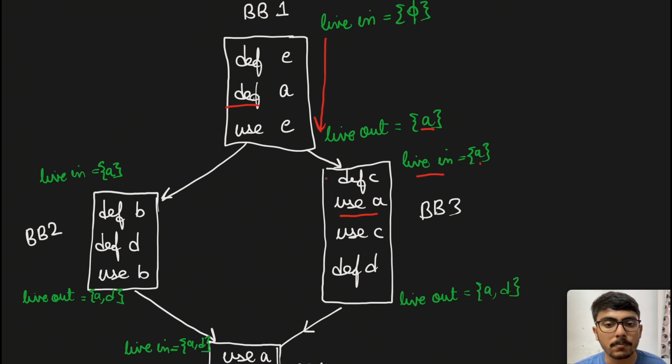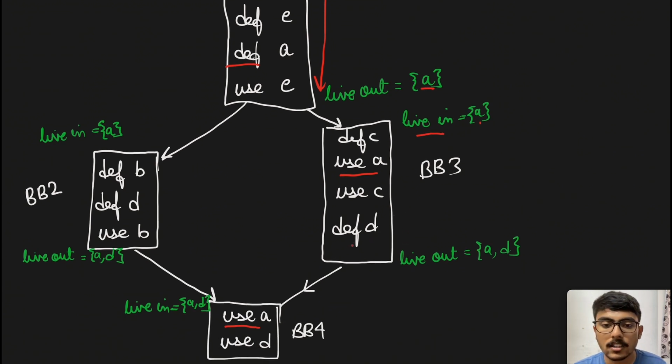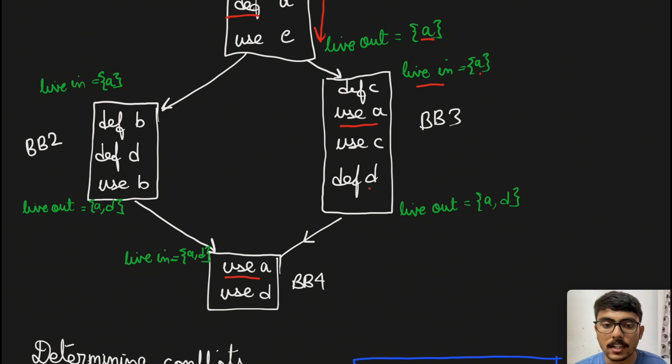Similarly, in basic block 3 it will execute, and then again you might say that in basic block 3 we have definition D, and then we have used it in basic block 4. So similarly we will have live out A and D, because A has to be moved outside of basic block 3, so it will come here, right?